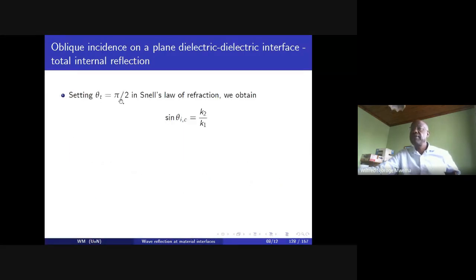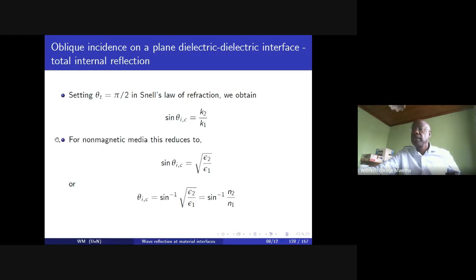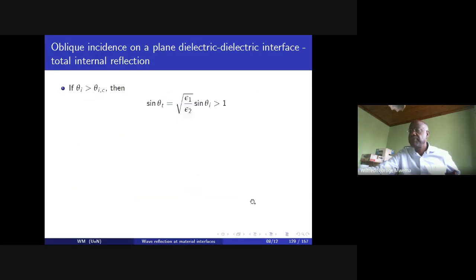Now, if we were to set theta t equal to pi by 2 in Snell's law of refraction, then we obtain sine theta IC equal to K2 by K1. For non-magnetic media, this would reduce to sine theta IC equal to the square root of epsilon 2 over epsilon 1, or that value is going to be given by that.